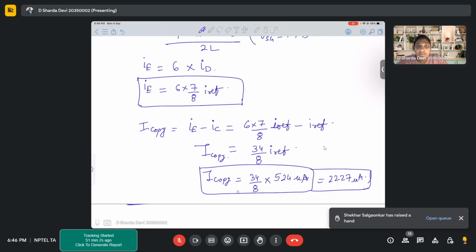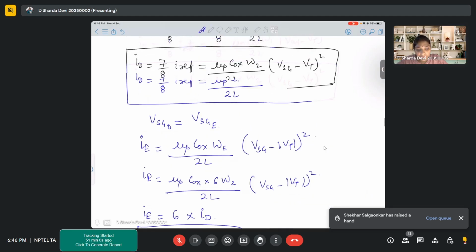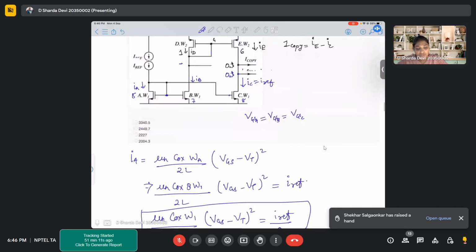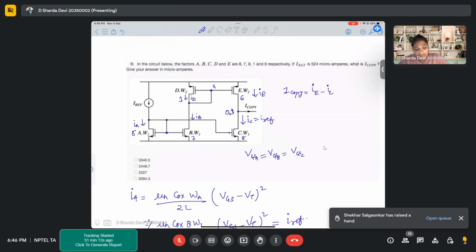Excuse me, ma'am. I have a doubt: why are we saying IA equal to IC, like IB is not there? Okay, see, VGS is same for A, B, and C, that you agree, right? But when we talk about currents, a current includes mu n Cox W by 2L (VGS minus VT) whole square.